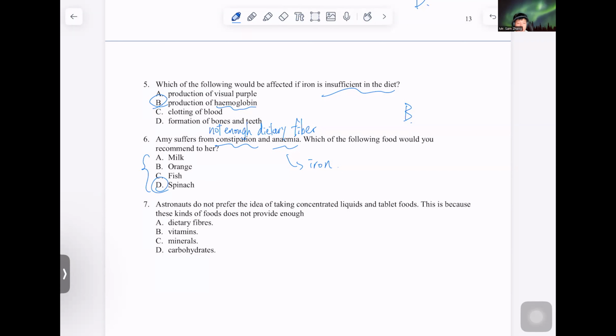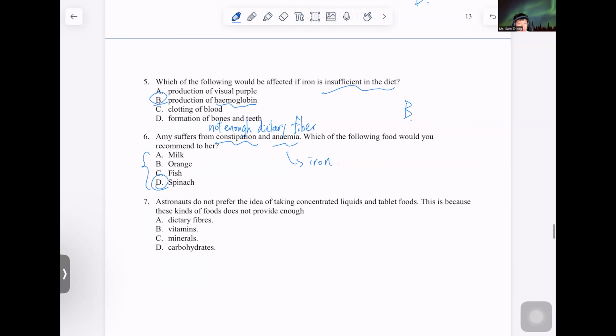Next, the alternates do not prefer the idea of taking concentrated liquid and tablet food. This is because these kinds of food do not provide enough. For example, concentrated liquid or tablet food involves some processing, and this processing will remove certain food substances.